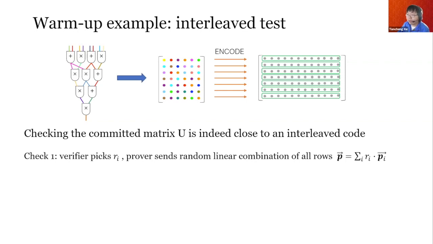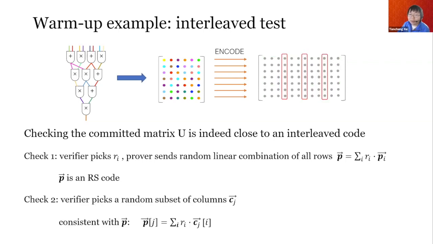Sorry, back to the verifier. So the size of the combination is just the row size of the matrix. And the prover checks the random linear combination is also a Reed-Solomon code. And then the verifier picks a subset of positions and checks whether the positions are correct from the random linear combination.